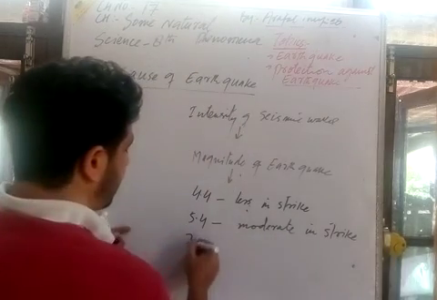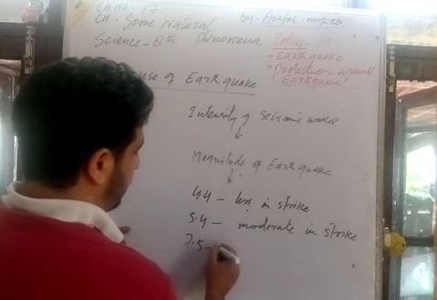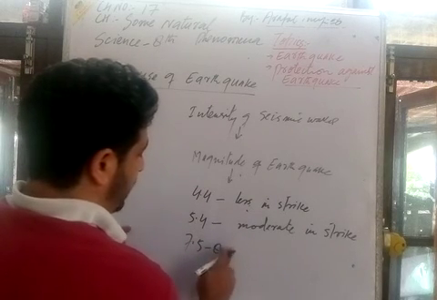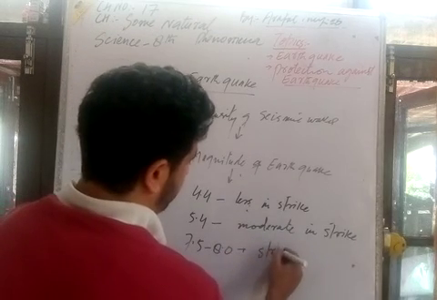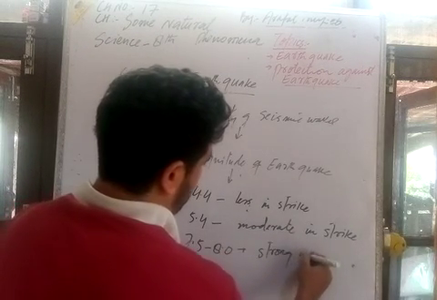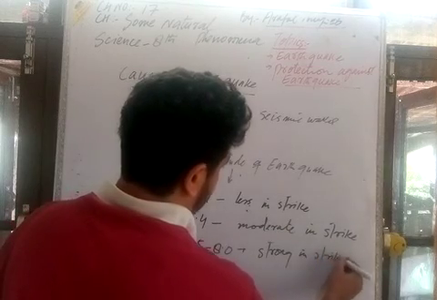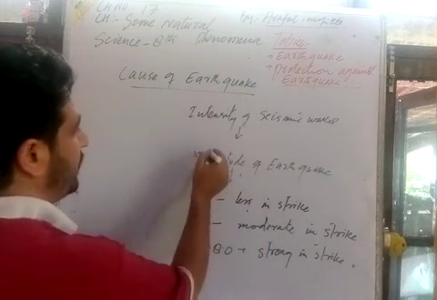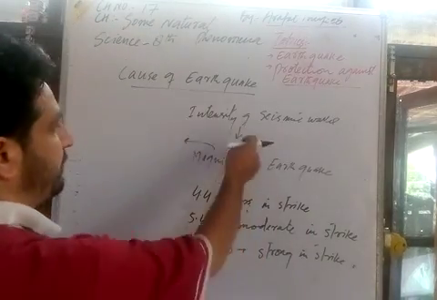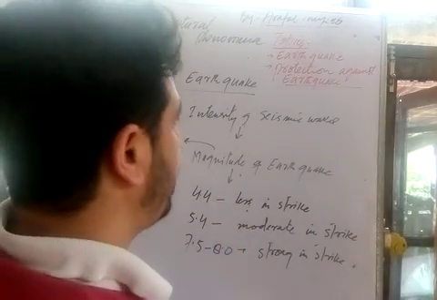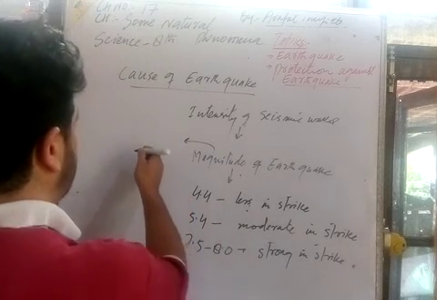If there is 7.5 or even 8.0, this is strong in strike. We can calculate the magnitude of an earthquake, which depends upon the intensity of seismic waves.